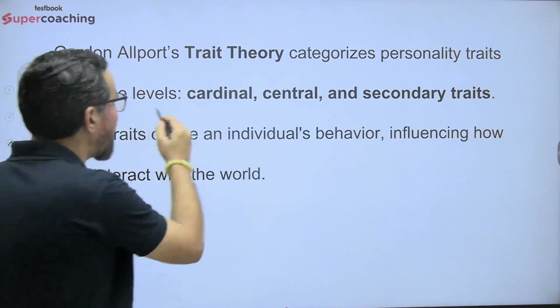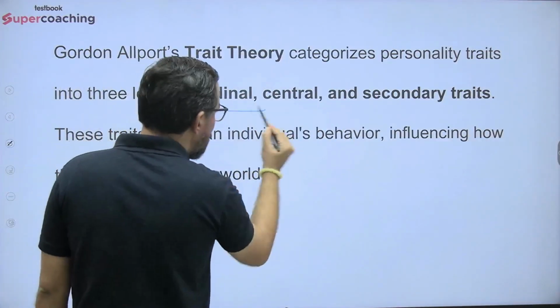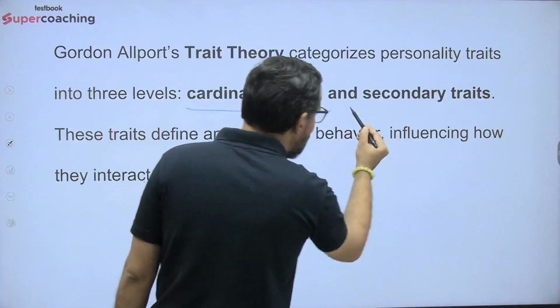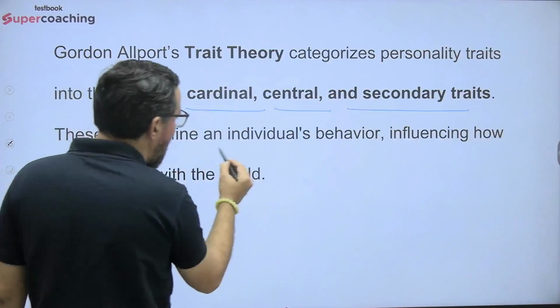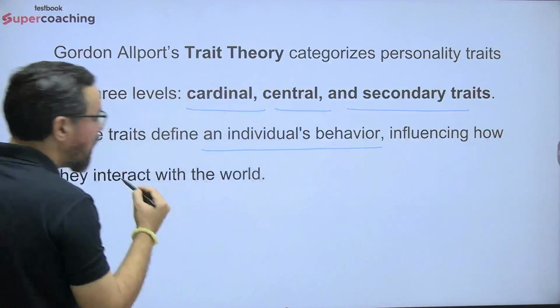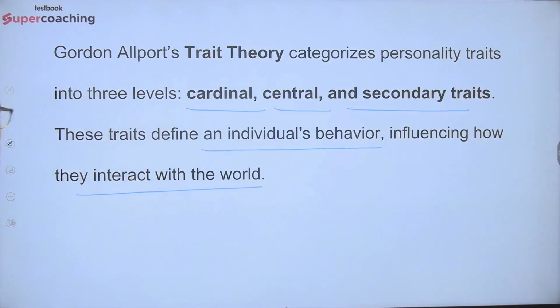Gordon Allport's trait theory categorizes personality into three levels: first cardinal, then central, and then secondary traits. These traits define an individual's behavior, influencing how they interact with the world itself.